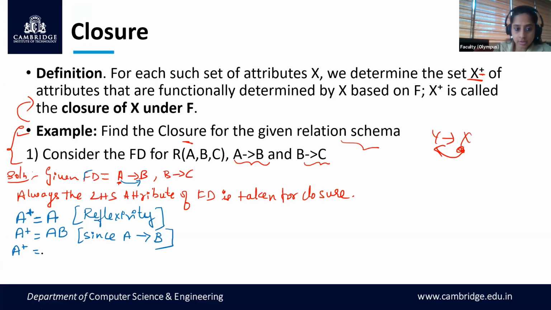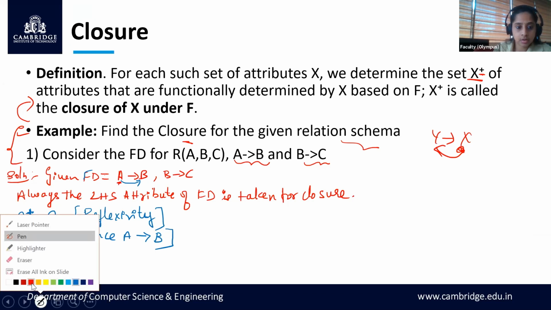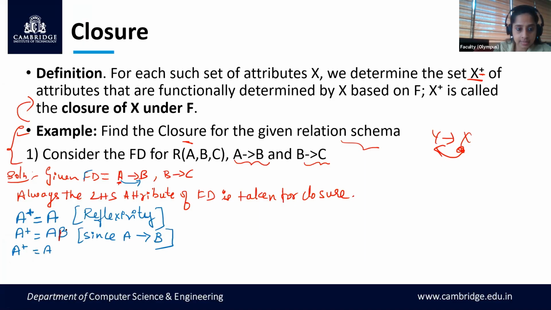I need to take the old one. Is it clear? So I'll just write B as a new one here, since A determines B. This is my A closure. Now, AB is my old one.